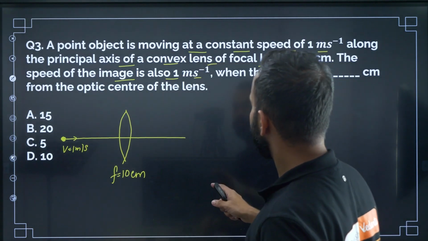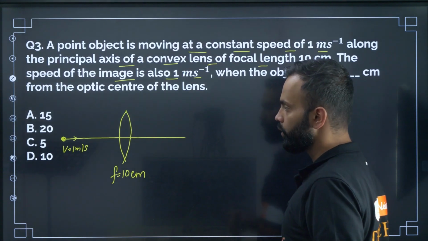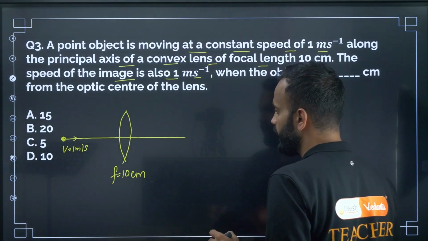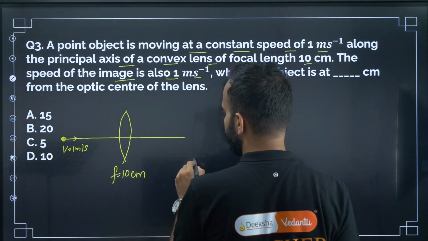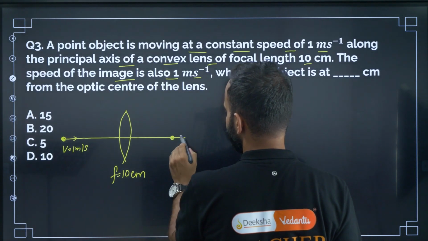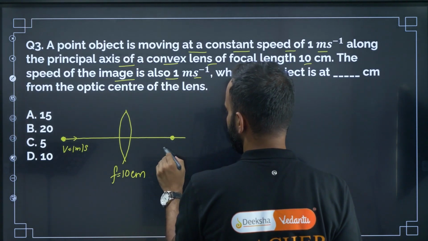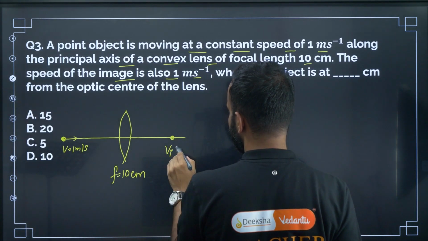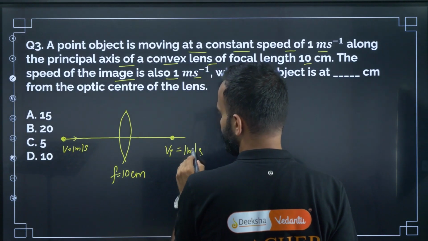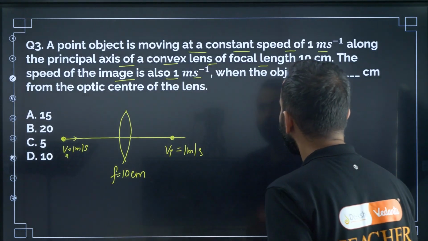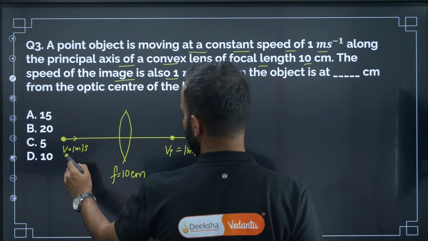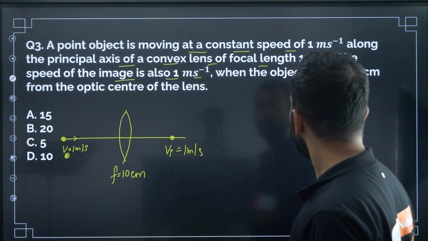The speed of the image is also 1 meter per second. Here the speed of the image, Vi, is equal to 1 meter per second. This is Vu, or VO. VO is 1 meter per second.